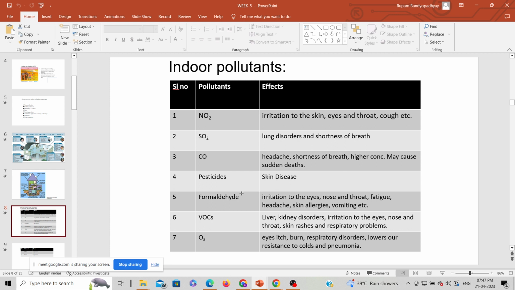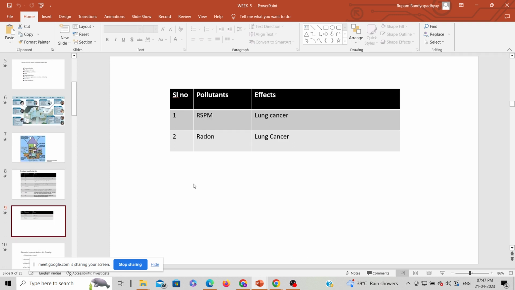Formaldehyde causes irritation to skin. VOCs cause liver and kidney disorders and irritation to eyes. Ozone causes respiratory disorder and lowers resistance to cold and pneumonia. Radon and suspended particulate matter may cause lung cancer. These are some common effects.